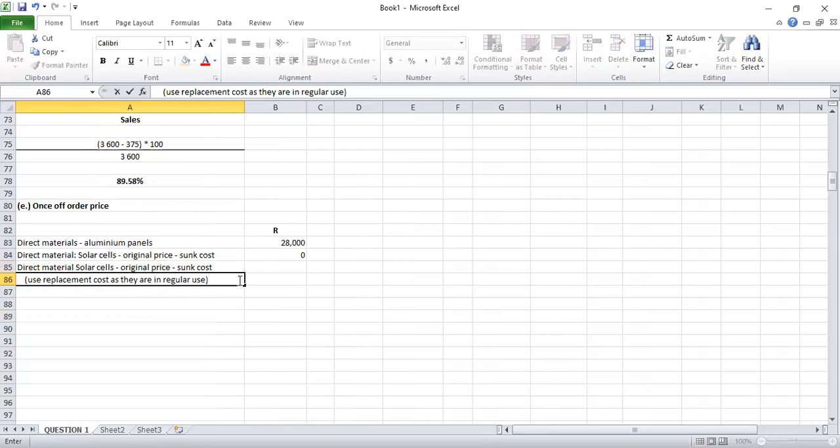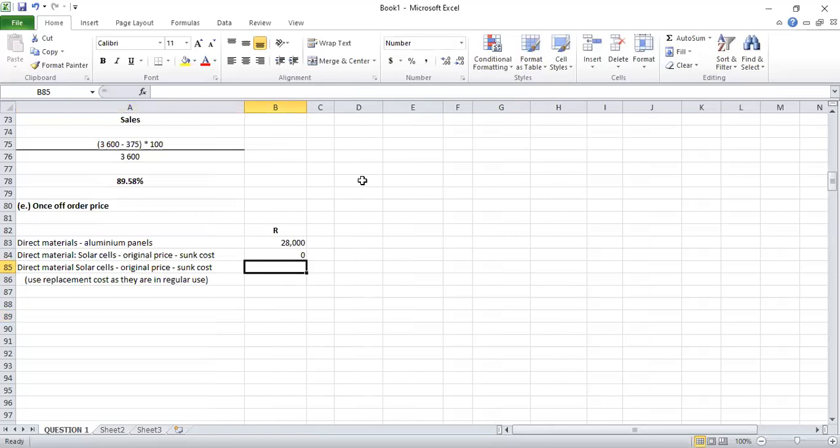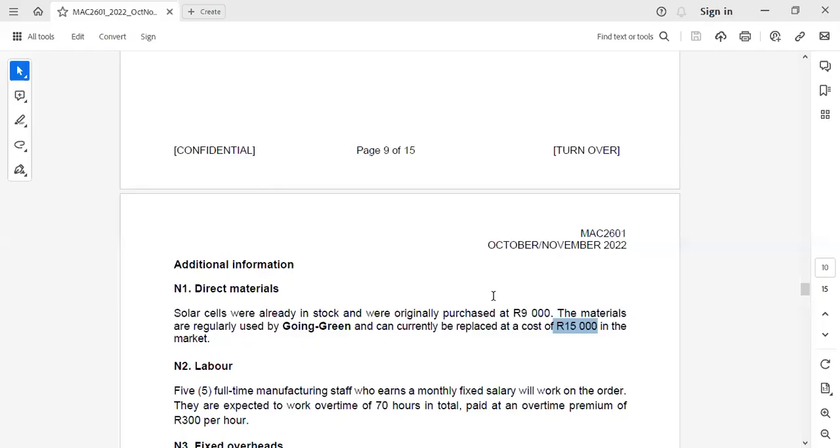Remember from our previous class, because when they are in regular use, it means after using them, we need to replace them. That means they are continuously used. So we use the replacement cost, which is 15,000.